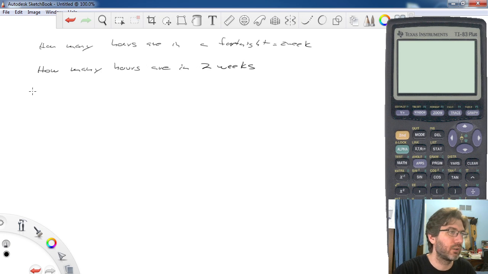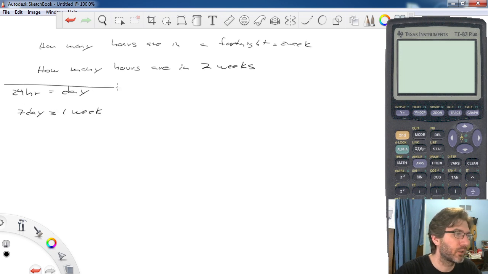So you need to know how many hours are in a day. So we know 24 hours equals 1 day, and you need to know that there are 7 days in 1 week. So this here is the information that you should be looking up in order to solve that if you didn't already know it.